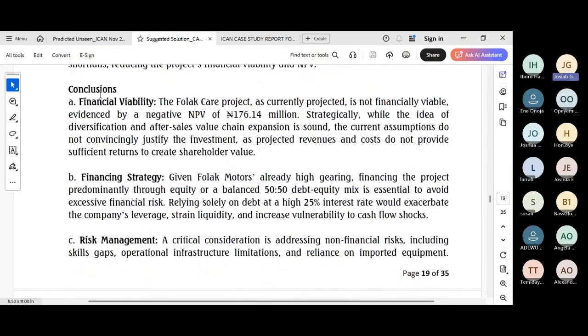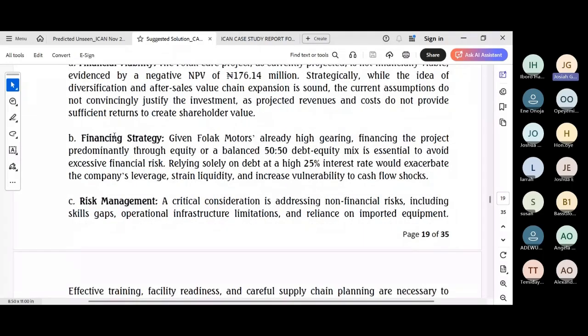The conclusions on financial availability, we're saying that the project is actually negative, but strategically, while the idea of diversification and after-sales value chain expansion is sound, the current assumptions do not convincingly justify the investment. So we are concluding on the financial availability of the project. The financial strategy on the 50-50%, we're concluding leverage strain, liquidity, and increased vulnerability to cash flow shocks may not support this strategy, but 50-50 is what we are concluding on.